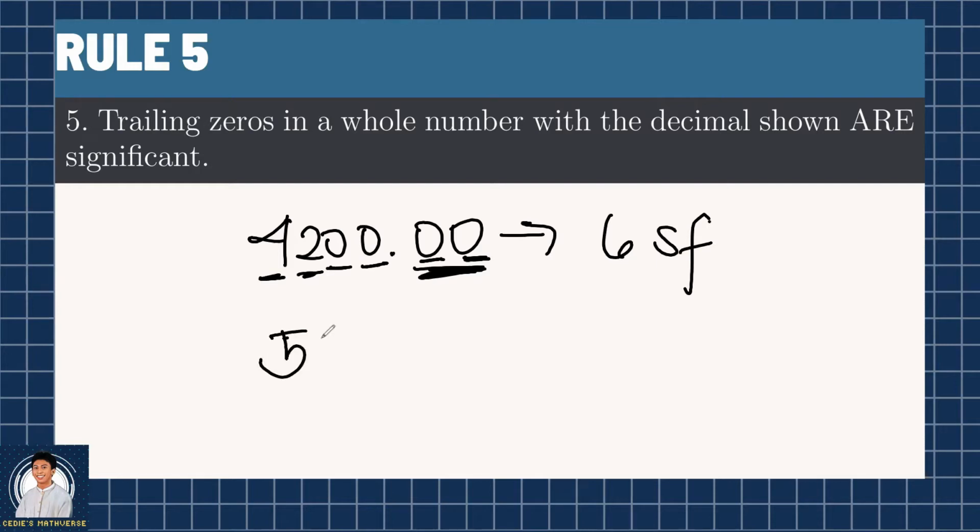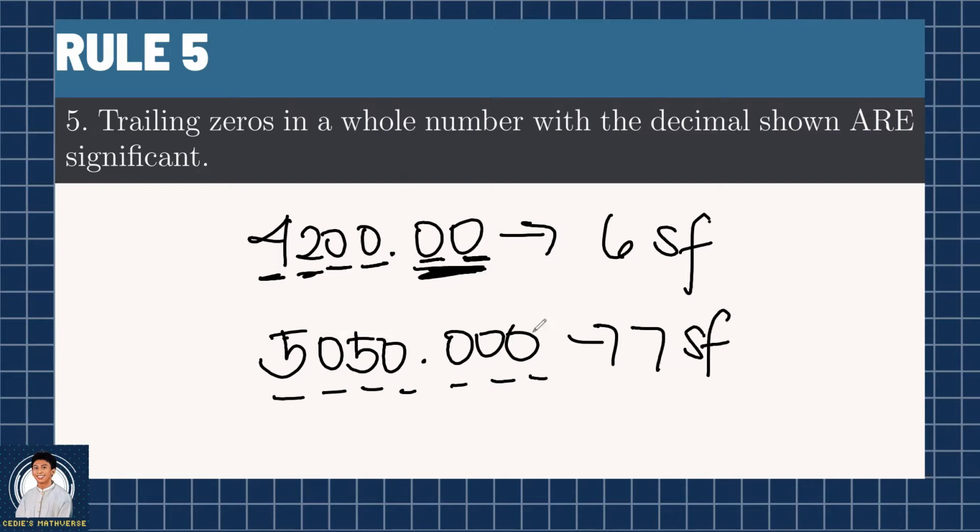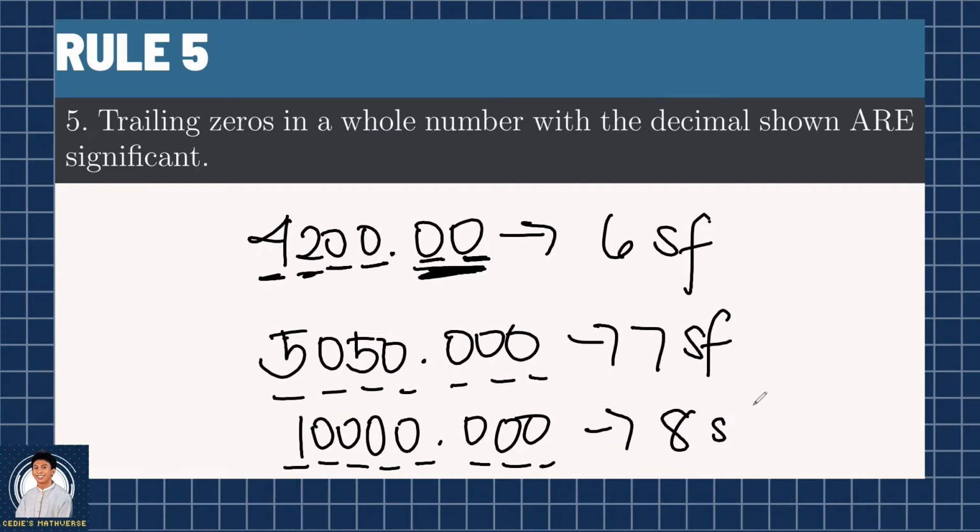Using the same logic, 5050.000 has 1, 2, 3, 4, 5, 6, 7 significant figures. Then 10,000.000 has 1, 2, 3, 4, 5, 6, 7, 8 significant figures.